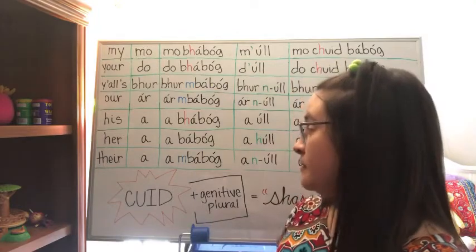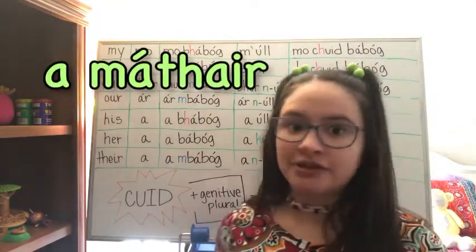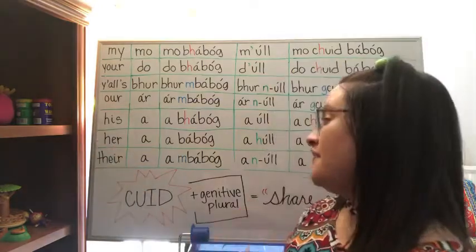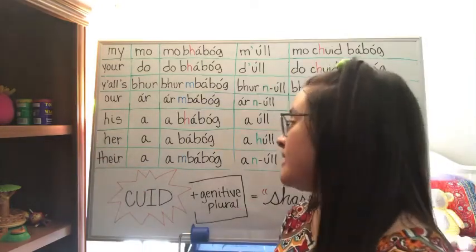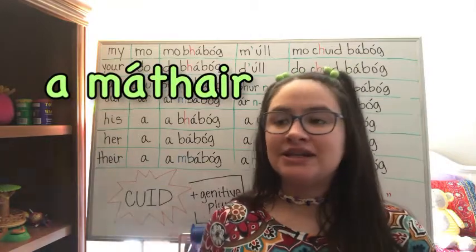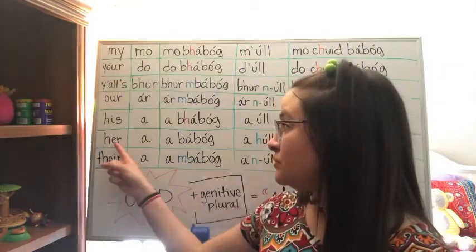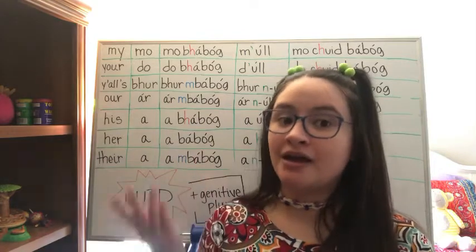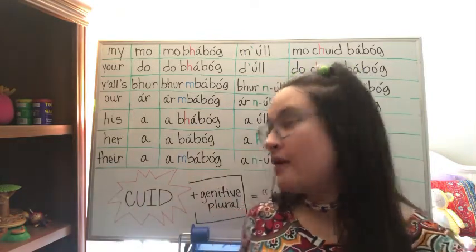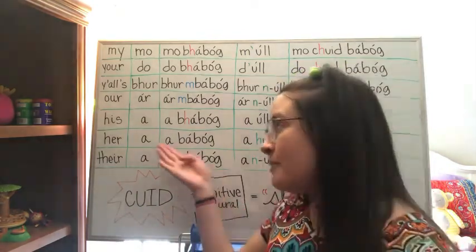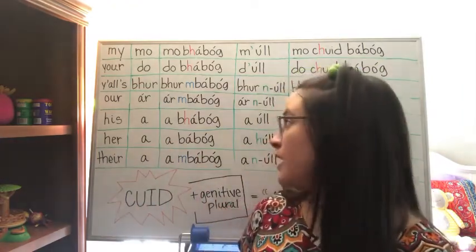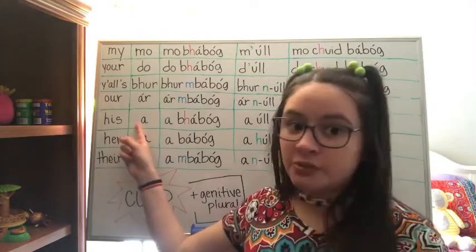Her mother would be a máthair, because you don't lenite it when you're talking about female possession. Their mother would be a máthair. In this case, that's identical to her mother, because M cannot be eclipsed. So now it comes down to we're either talking about her mother or their mother, but at least we ruled out that they're talking about his mother.